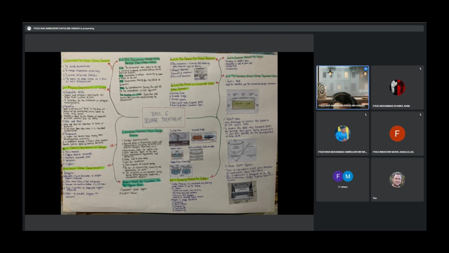Tajuk kecil bagi design criteria for treatment plan iaitu design criteria for domestic sewage treatment plan, the principle for preliminary and primary wastewater treatment, the biological sewage treatment process, dan the effect of poor biological treatment on the environment. Tajuk kecil bagi effluent and sludge disposal method iaitu method of effluent discharge, sludge categories, sludge treatment, sludge disposal method and individual treatment.